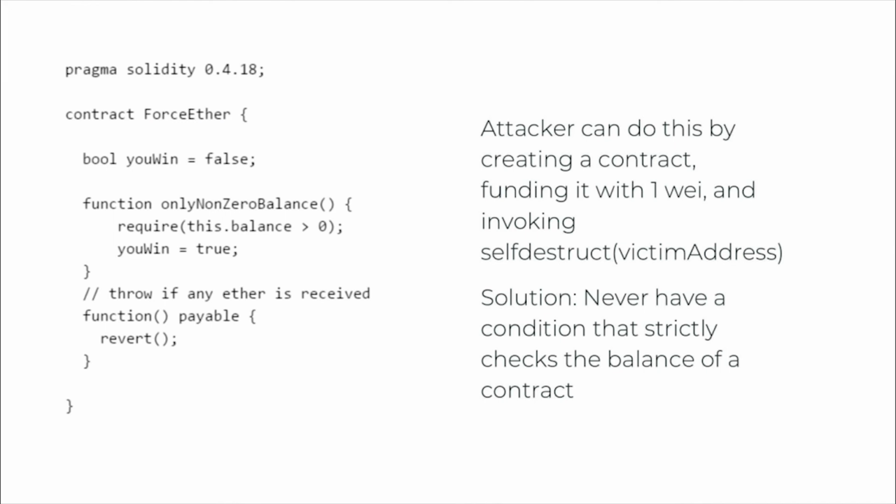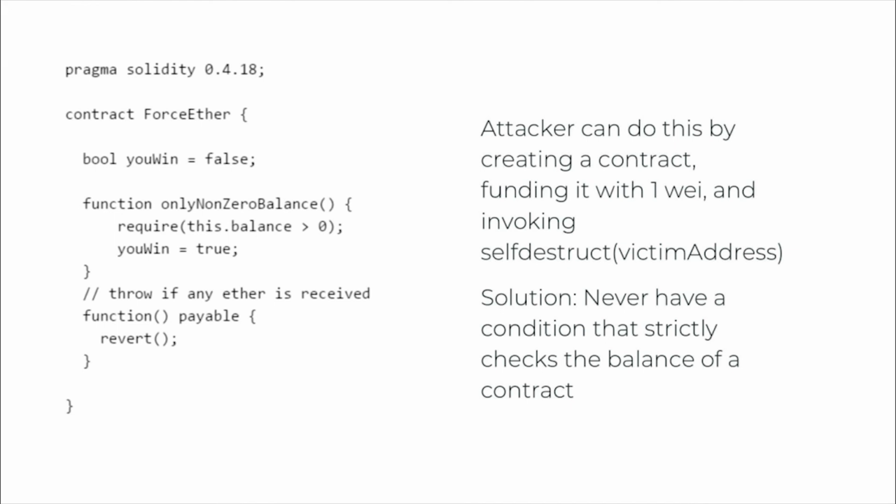So take a look at this contract, which uses its balance as a check. An attacker can create a contract and put some ETH in it, and then self-destruct it with this force Ether contract as the target address.